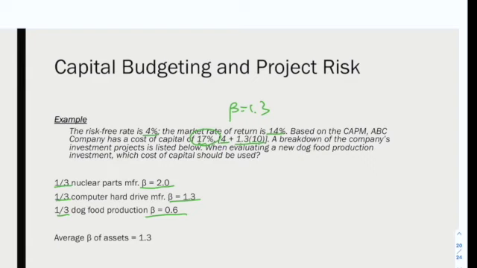And if we want to calculate the company's beta, we find out that the beta of the portfolio is a weighted average of the beta from each individual asset, which is 1/3 times 2 plus 1/3 times 1.3 plus 1/3 times 0.6, which is equal to 1.3. This is the overall company beta.